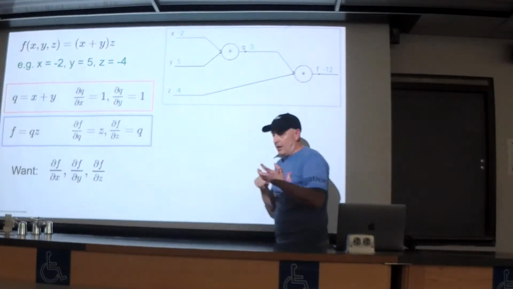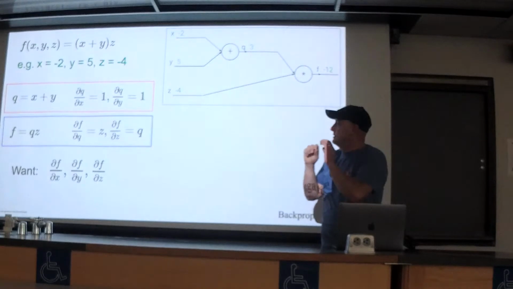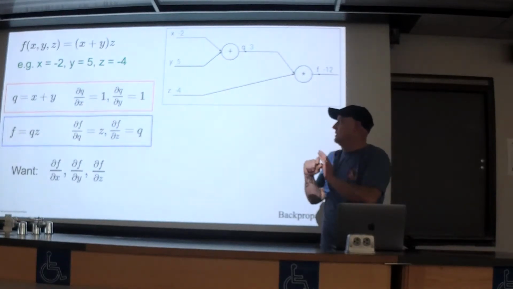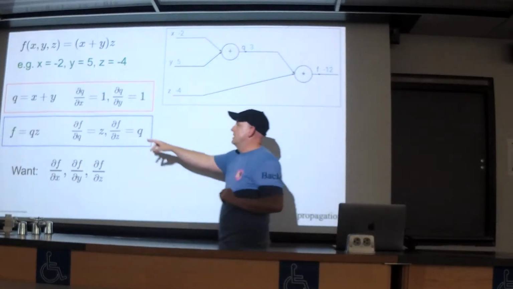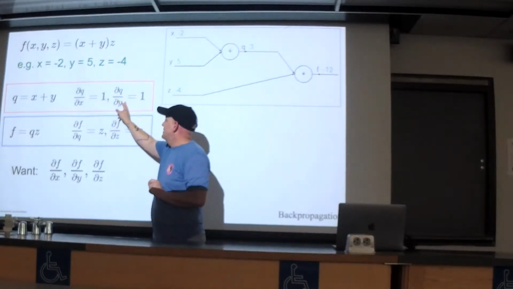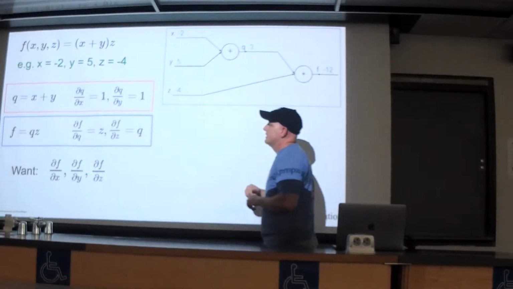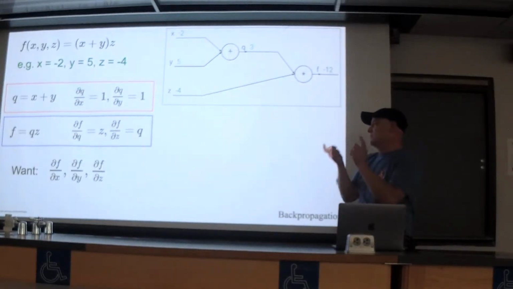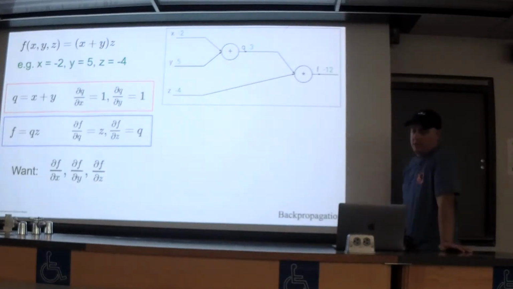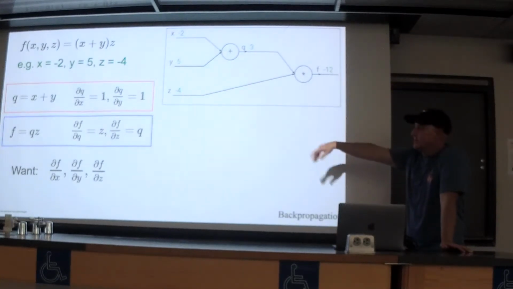Meaning, as I increase x by a little bit, q, the sum, will increase by exactly that amount. That's what this rate of 1 means. And similarly, when I take the partial derivative of q with respect to y, similar arguments apply, just swap the variables, so I also get a 1. Very simple partial derivatives here.